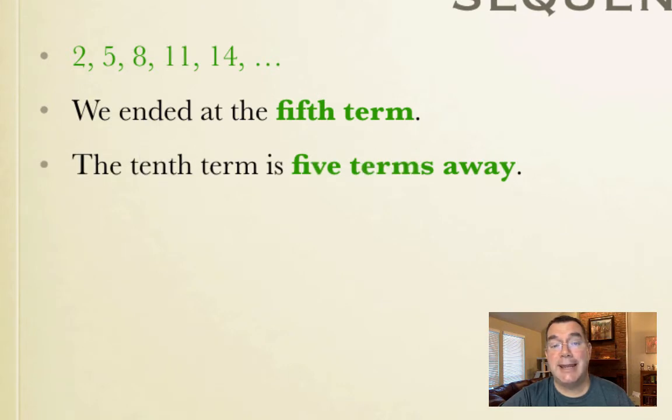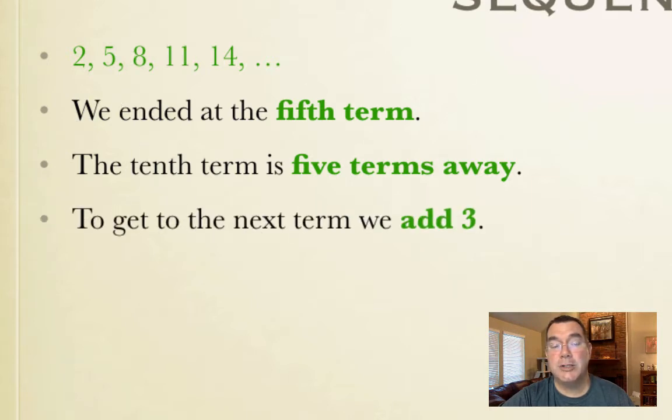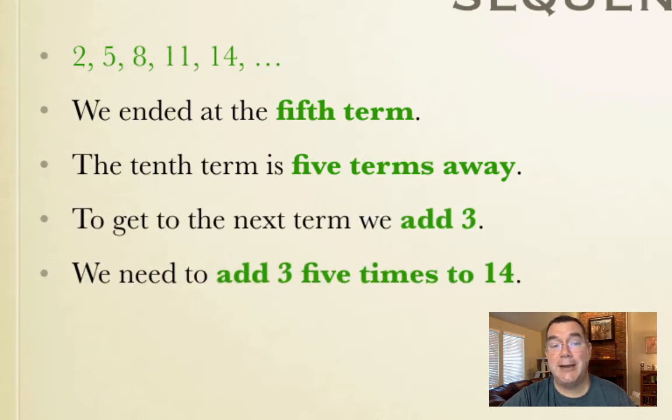And so if I keep adding 3, 5 more times to the last number, which is 14, that means I'll add 3 times 5, which is 15, to the last number, which is 14, and I will get 29 as the 10th term. Let's look at a different example where I've got 1, 2, 4, 8, 16, and 32.